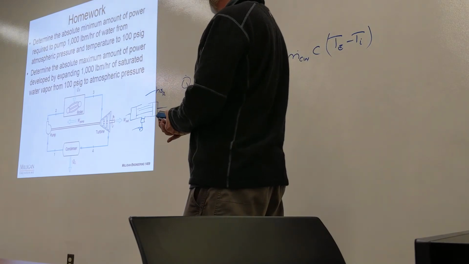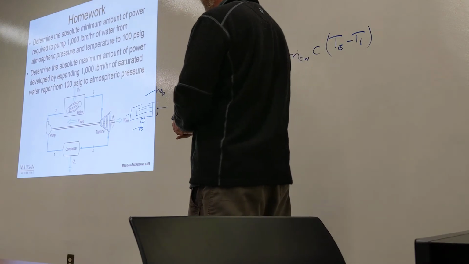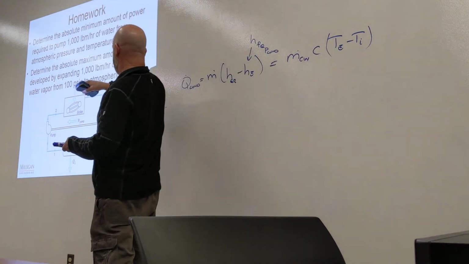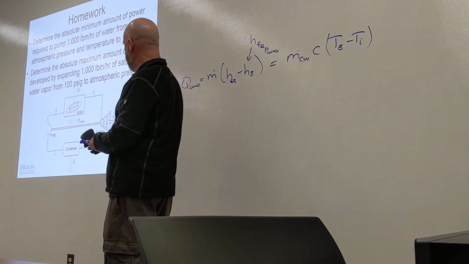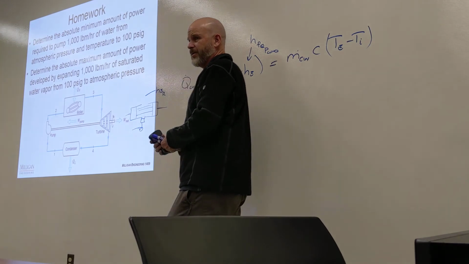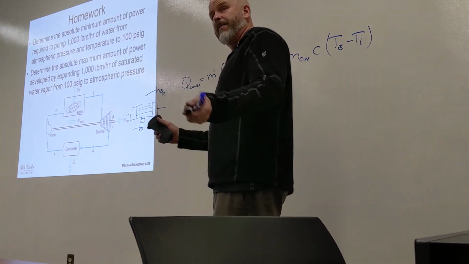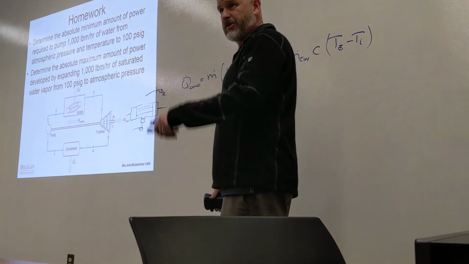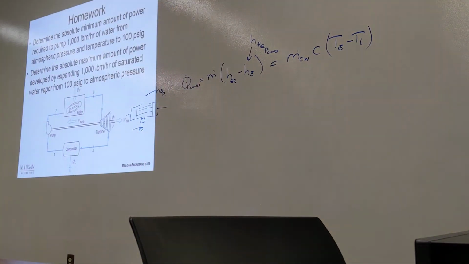Determine the absolute maximum amount of power that can be developed by expanding the same 1,000 pounds an hour of saturated water vapor from 100 psig back to atmospheric pressure. So just a simple little fluid mechanics, pump it up, thermodynamics, turbine it down, right? Just do that, see what kind of numbers you get.